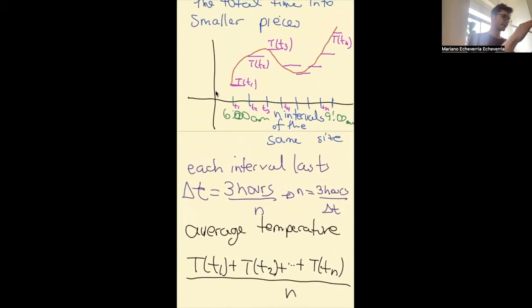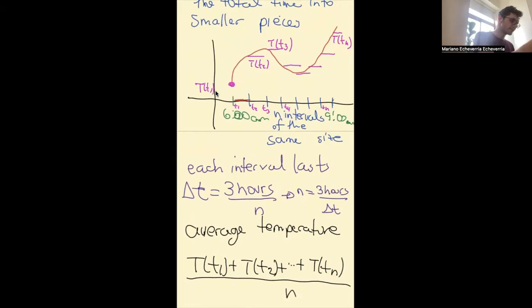So here's the temperature at time T1, right? And here's delta T. It's looking a little bit weird.